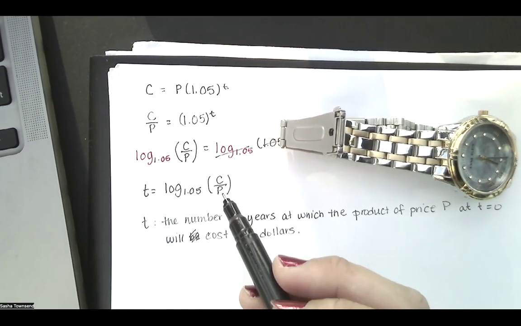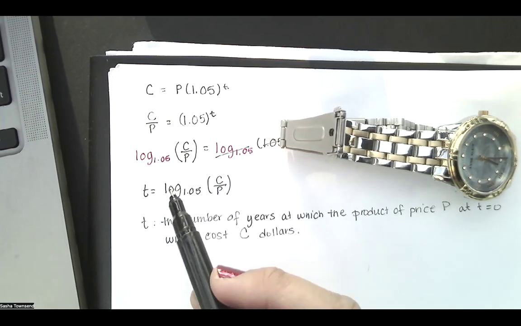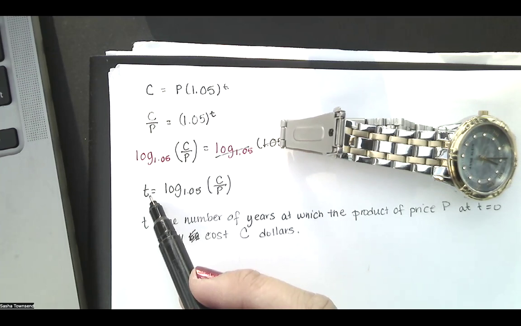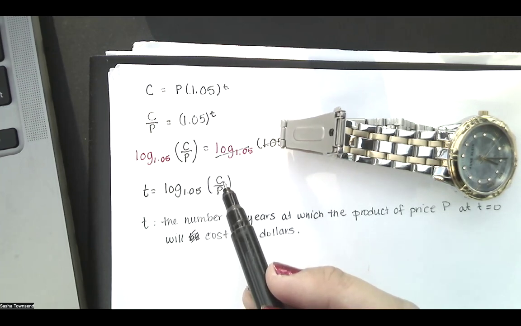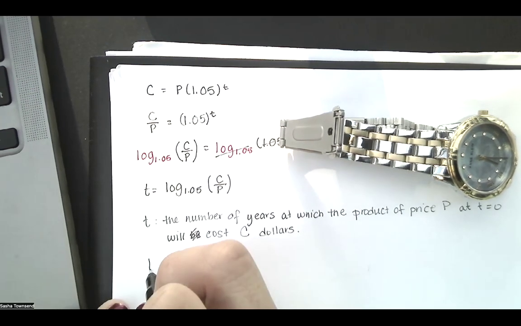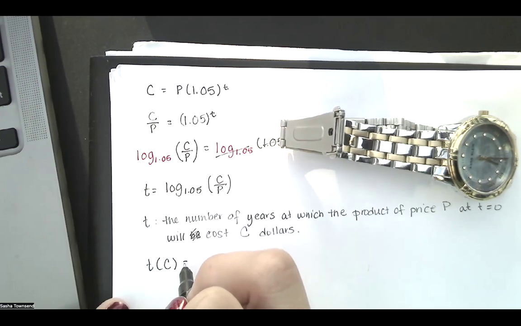So we're assuming that we know the price, and we know the cost, and this will give us the number of years when the product with price P right now will cost whatever C is later. So t is actually a function of C.